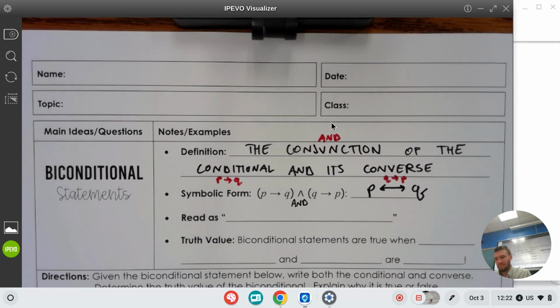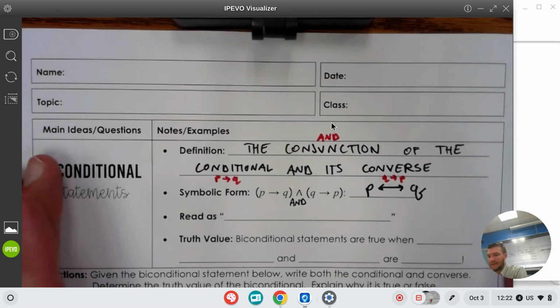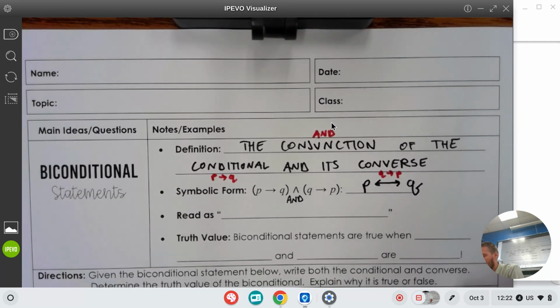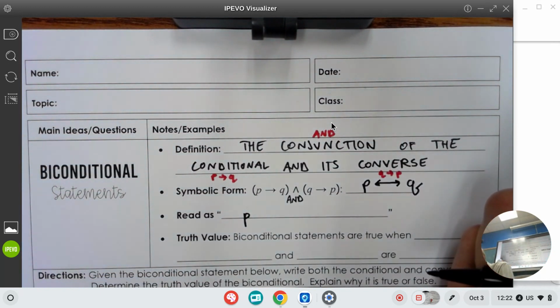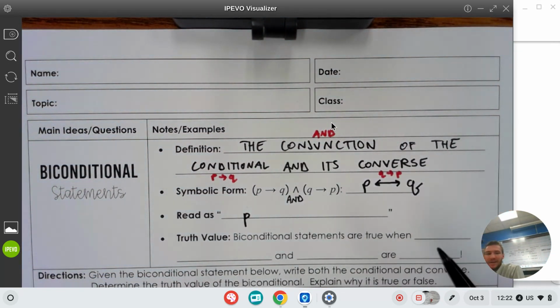Well, it might be a lot of words, but again, I don't know that it's going to be necessarily super hard, okay? You read this as P, and it's weird because you're not going to say P both directions Q or anything weird like that. To say P implies Q and Q implies P takes forever.